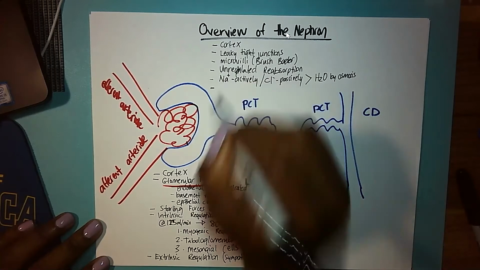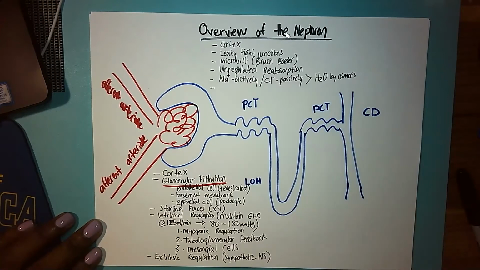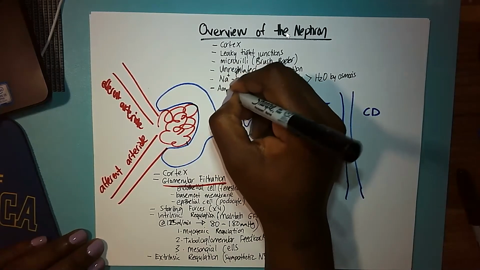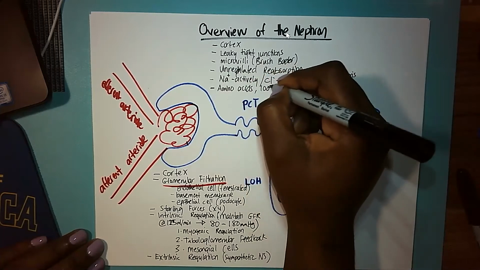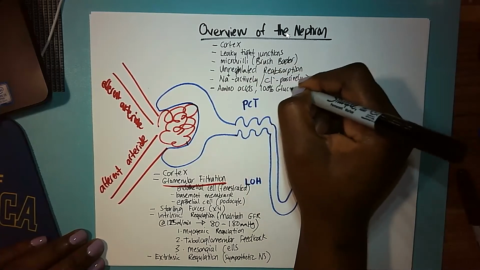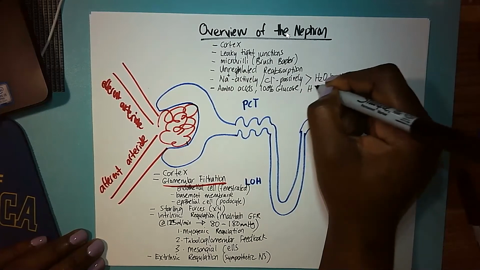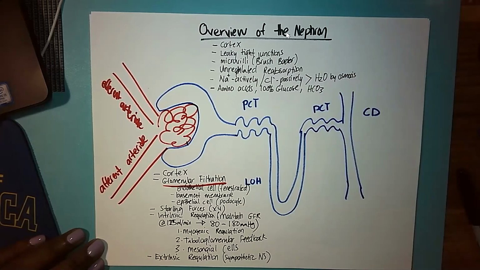Other important substances are also reabsorbed here. So we talked about the fact that nutritive substances, things that the body wants to reclaim, are absorbed here. Amino acids, 100% of the glucose is absorbed here. We see the reabsorption of bicarb that we just talked about as a means of balancing our acid-base state of the plasma, okay?